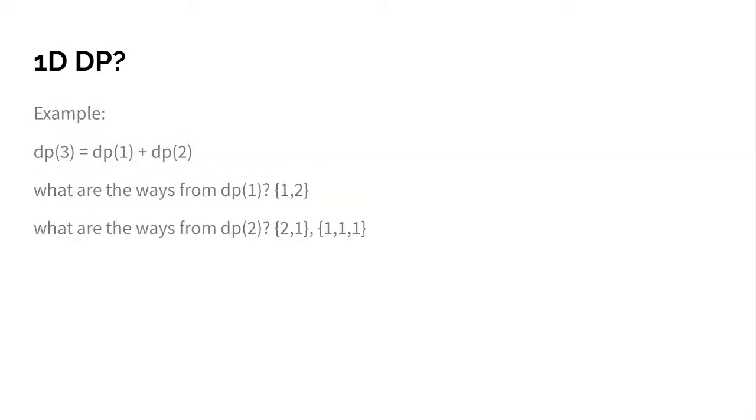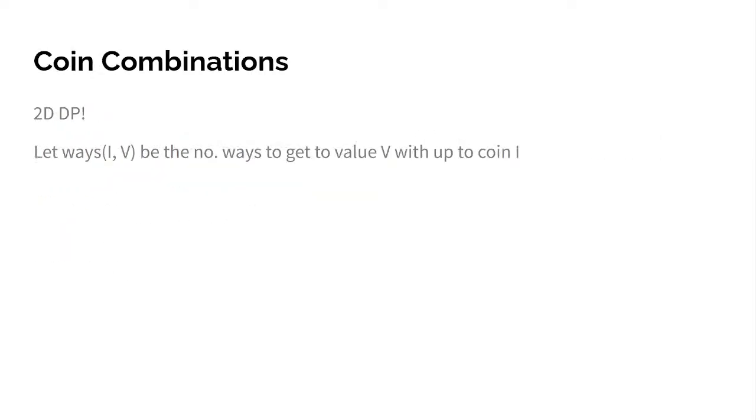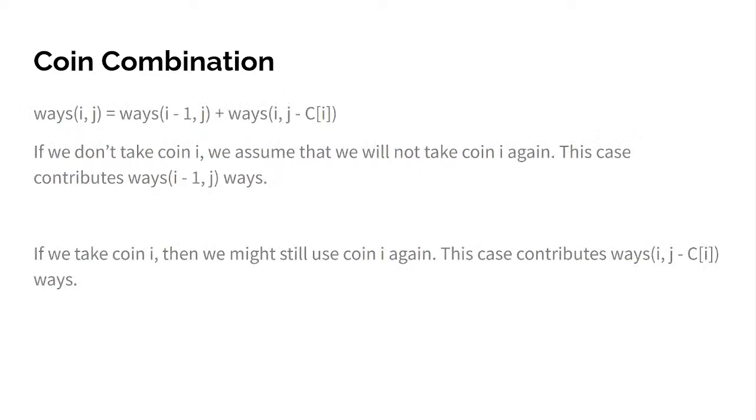So let DP[i][j] be the number of ways to get value j with up to coin number i. Here j is the total value we want to make.